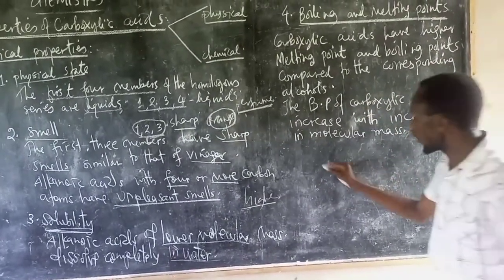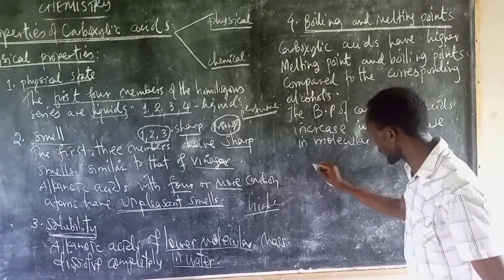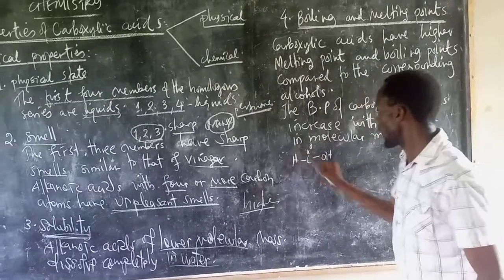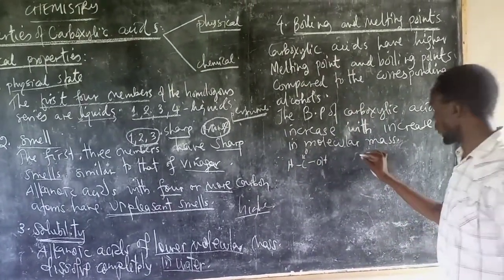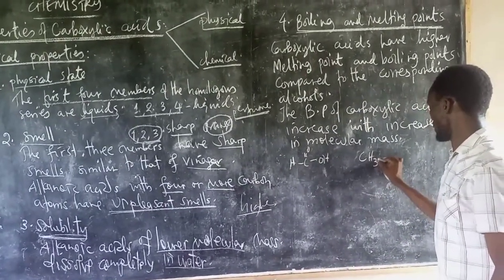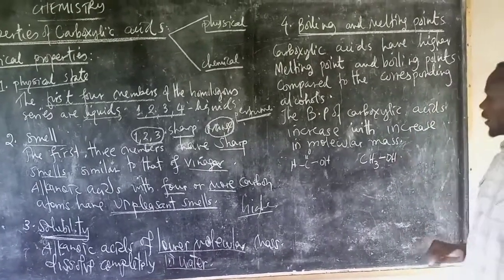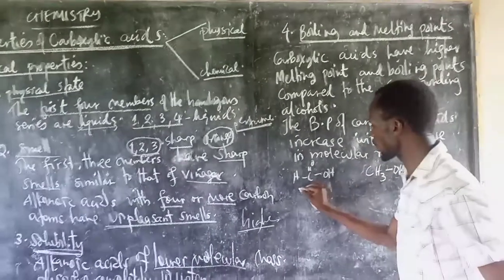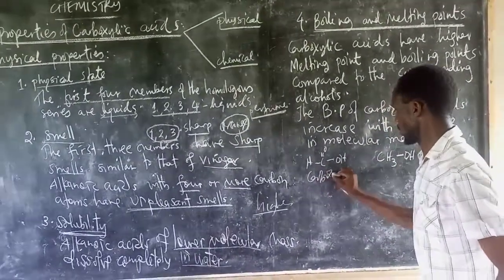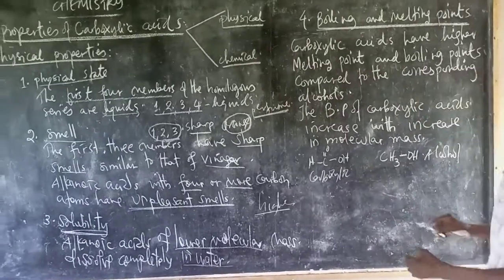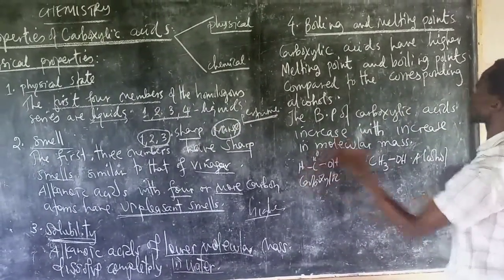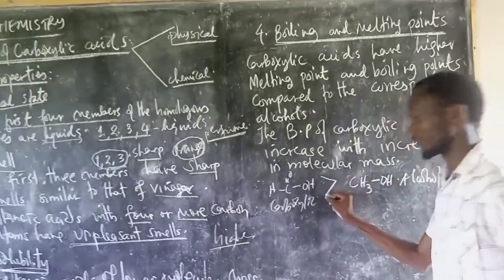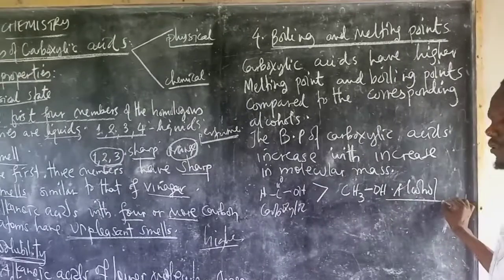Means, if you have methanoic acid, this is methanoic acid. And also you have methanol. This is methanol. This is the alcohol, and this is the carboxylic acid. Now, the boiling point of carboxylic acid is higher than that of an alcohol.